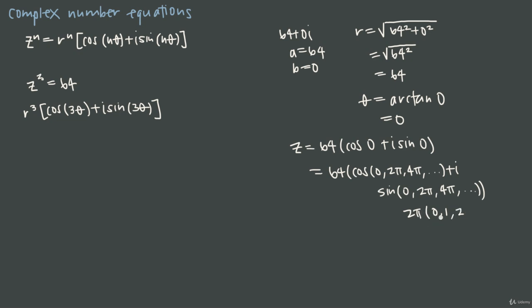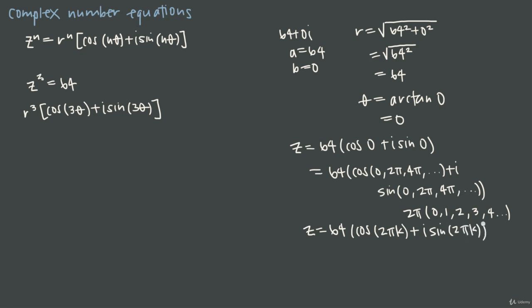So if we pull out that 2 pi, we're going to get 0, 1, 2, 3, 4, etc. So then if we just call k any non-negative integer, then we can really replace this whole string 0, 1, 2, 3, 4 with a value of k, as long as we say that k is a non-negative integer. So we can really express this as z is equal to 64 times cosine of 2 pi k plus i sine of 2 pi k.